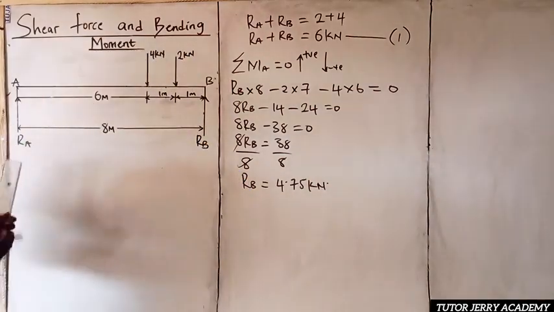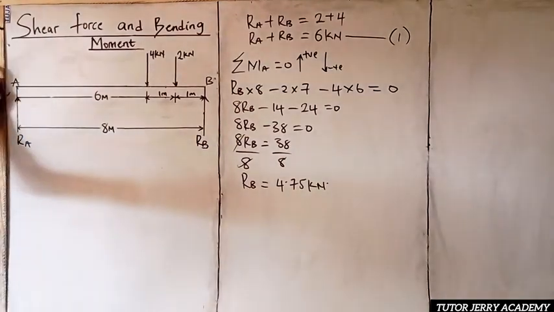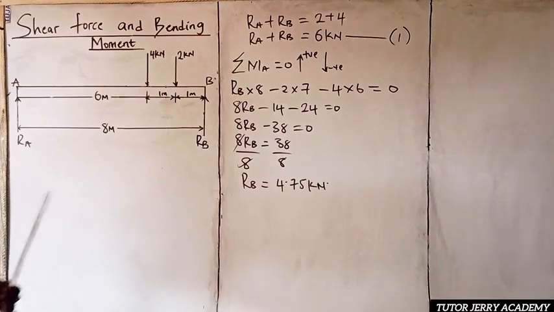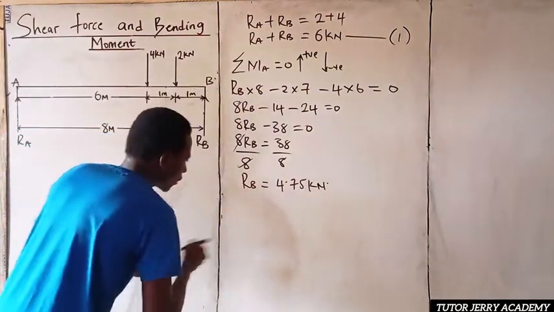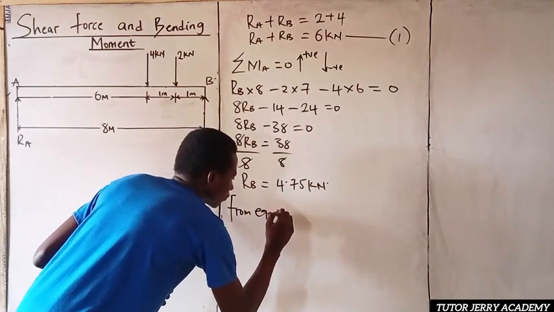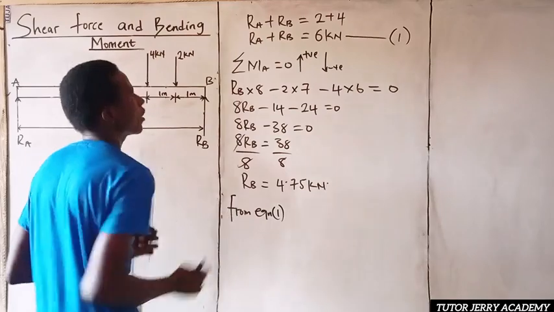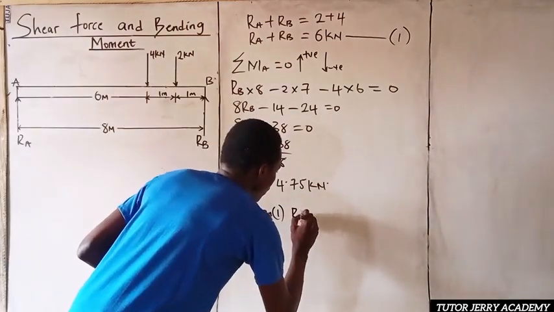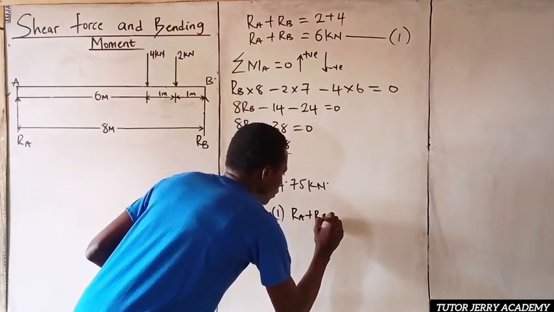Next, I'll be looking for my RA. From equation 1, we have RA plus RB equals 6 kilonewton.